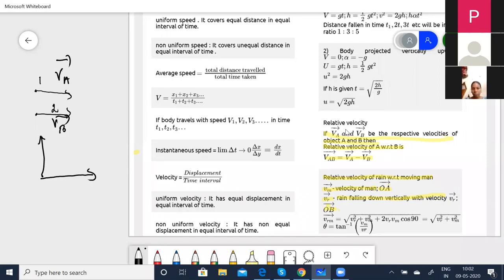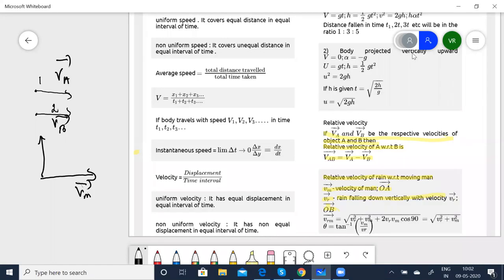If this is the velocity of man, Vm, and this is VR, the velocity falling vertically downwards, this is OA vector, this is OB vector.